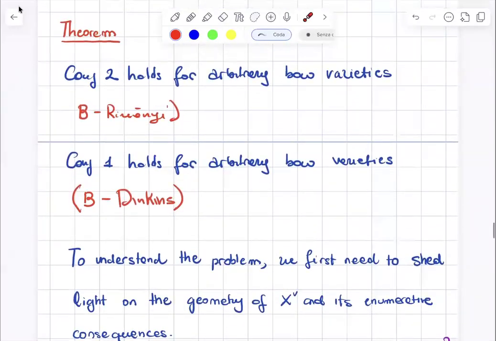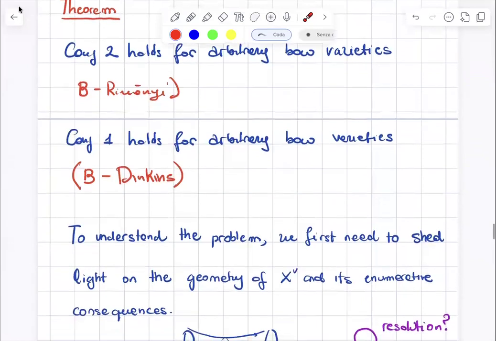To understand what this theorem is saying and what is the actual problem of discussing mirror symmetry at a certain level of generality, we need to look at the geometry of the dual, as I was hinting at before.